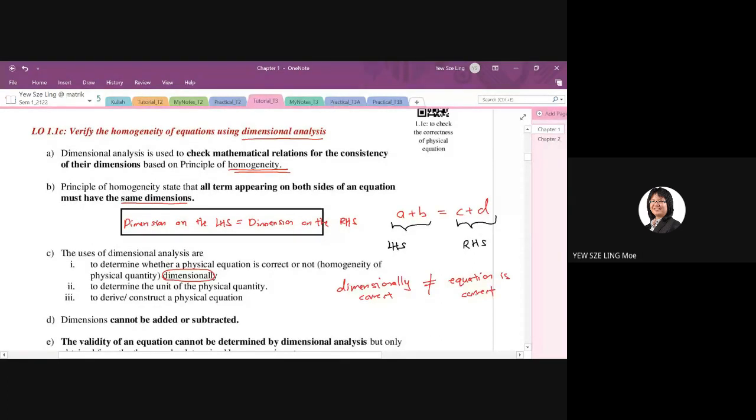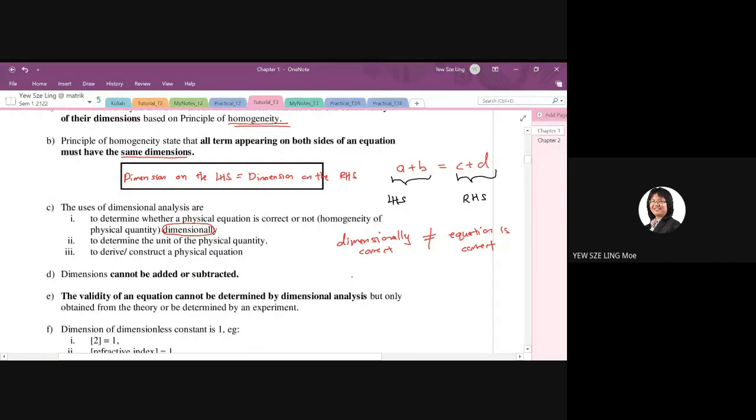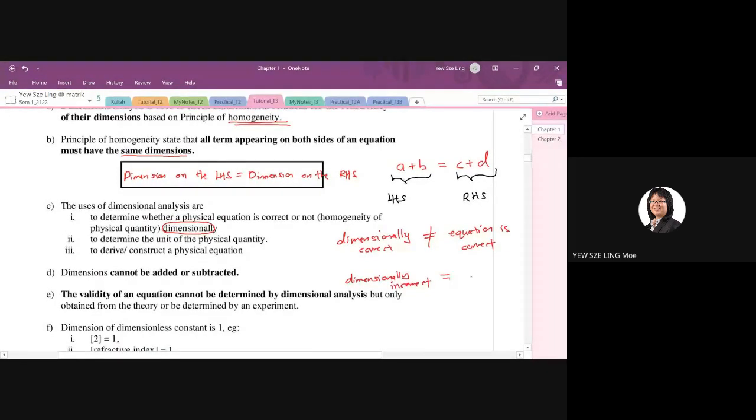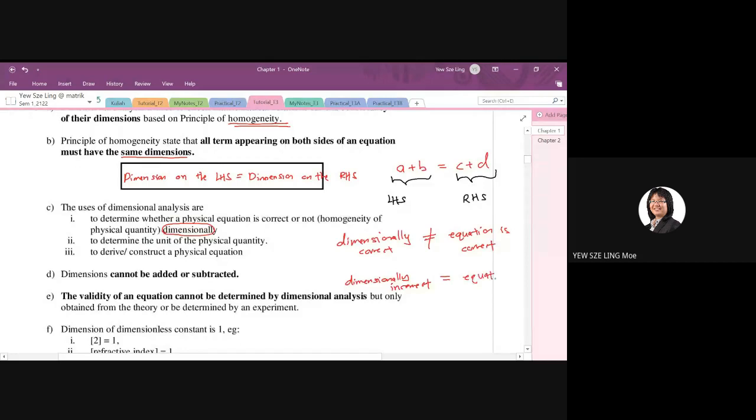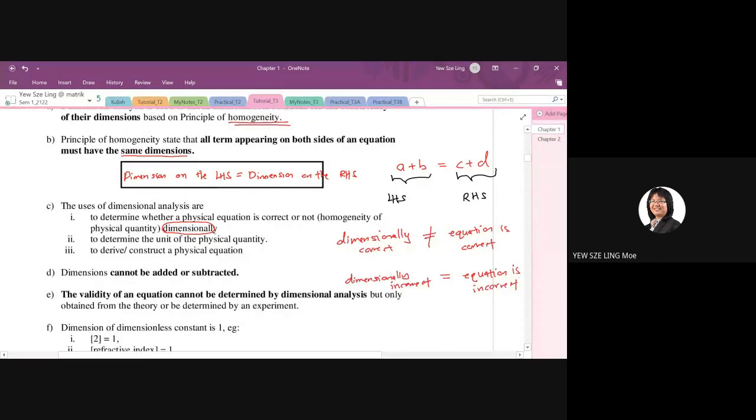It just means that there's a chance that the equation is correct. But if it is dimensionally incorrect, then the equation is definitely wrong. So the term dimensionally is very important in your conclusion, in your answer.